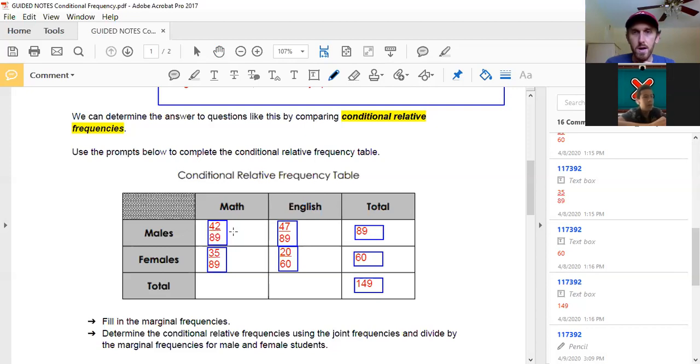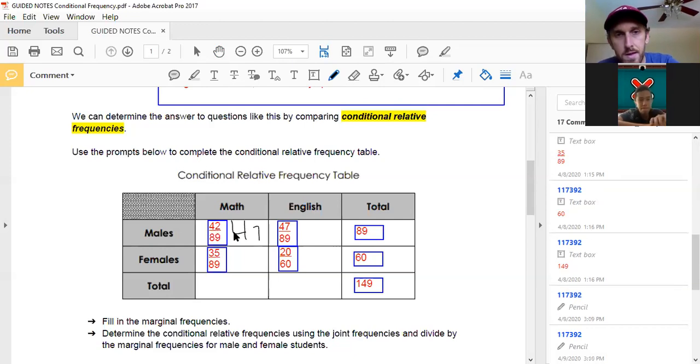Okay, I just want to know of the boys. It's 47%. So 47% of the boys like math.